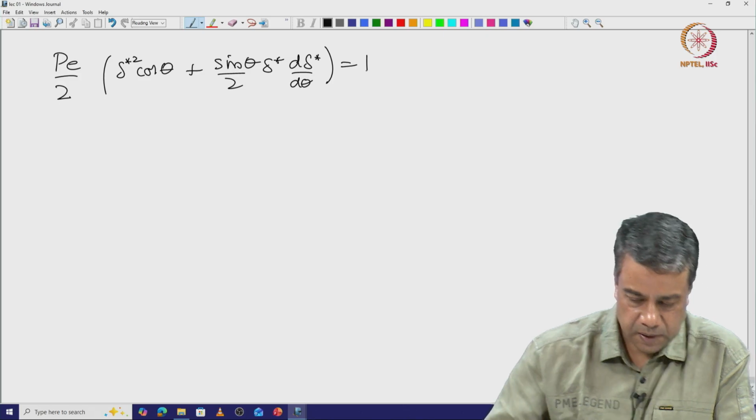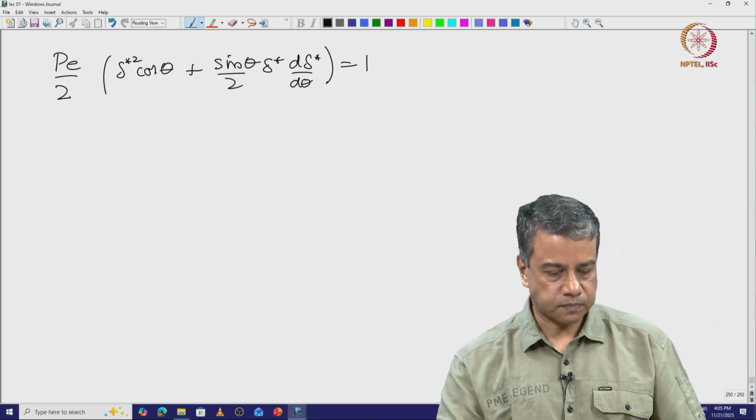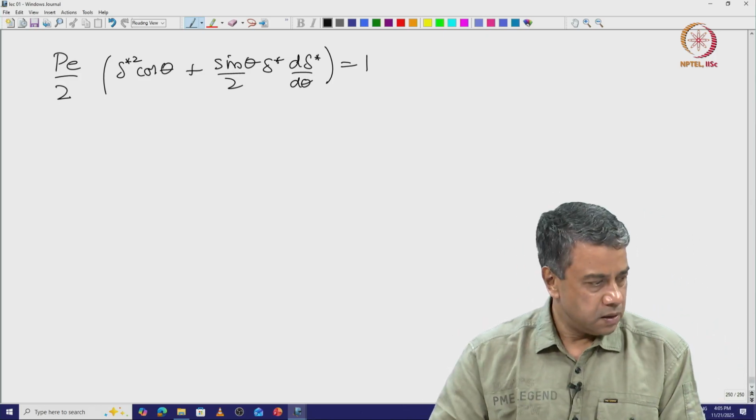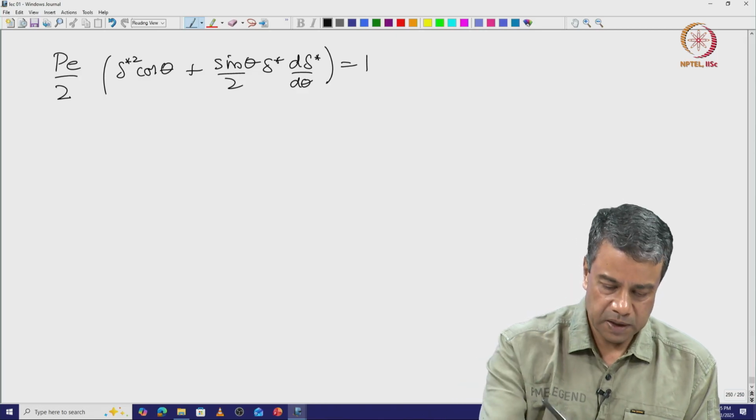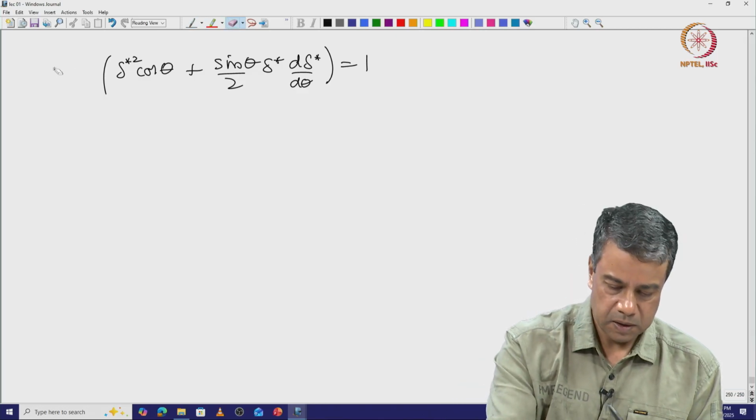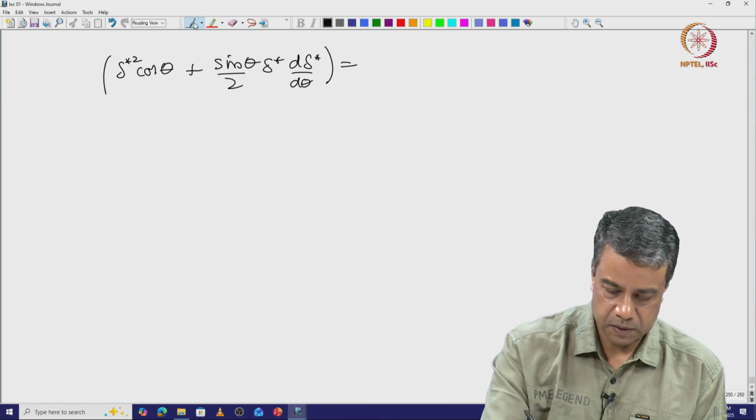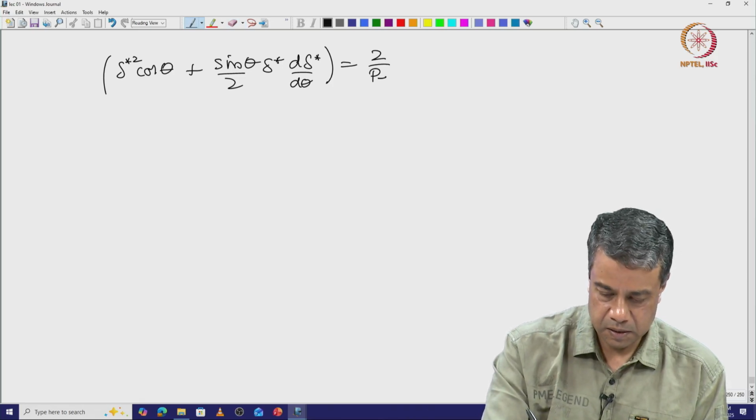This is equal to 1. I can multiply throughout by 2 by Peclet number, and I will just get a 2 by Pe on the right side.